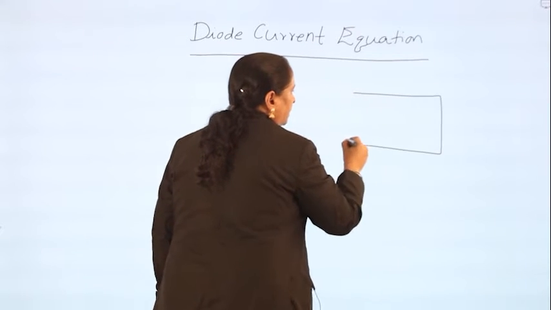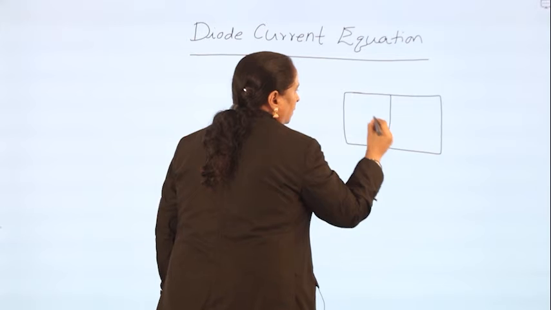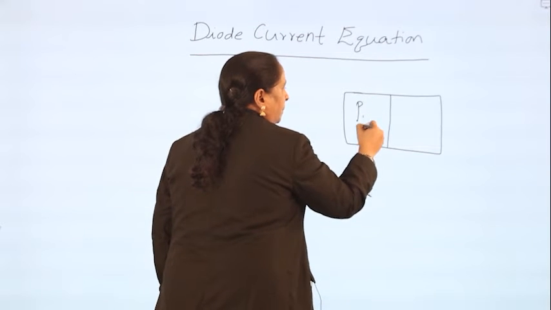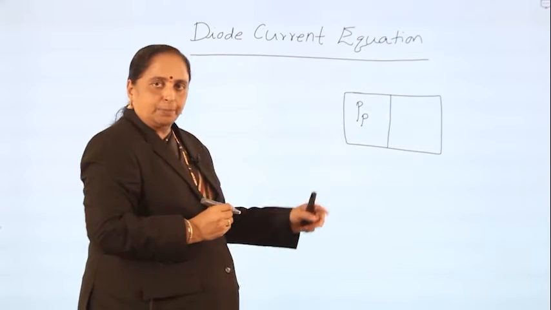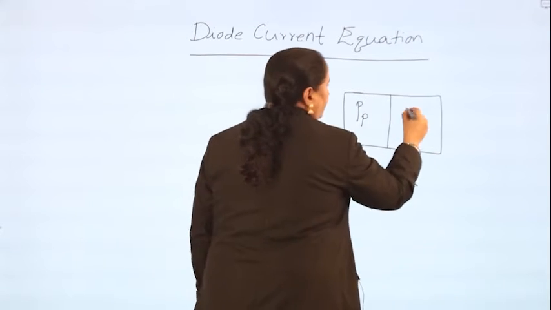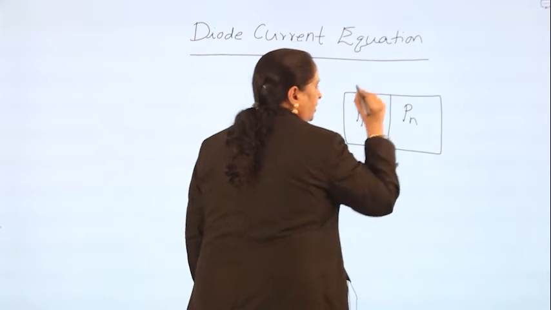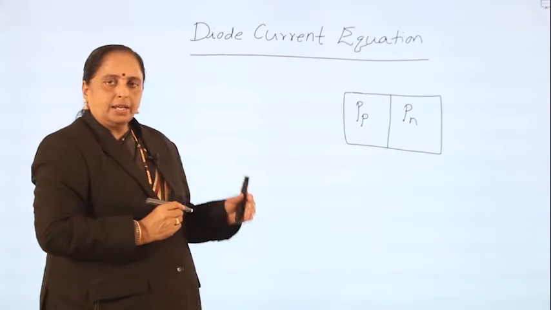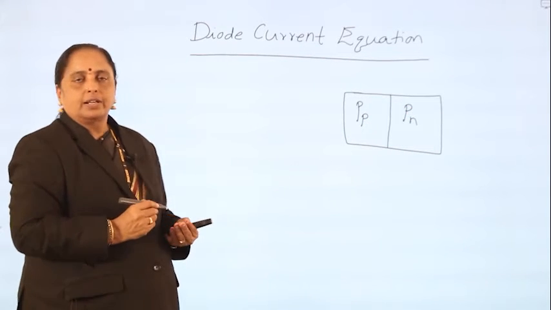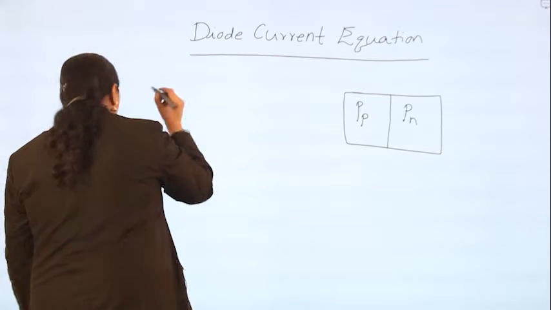If you take the construction, the hole density in the P region and the hole density in the N region are connected by a Boltzmann equation.